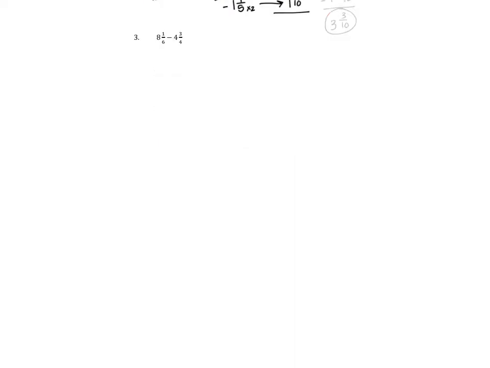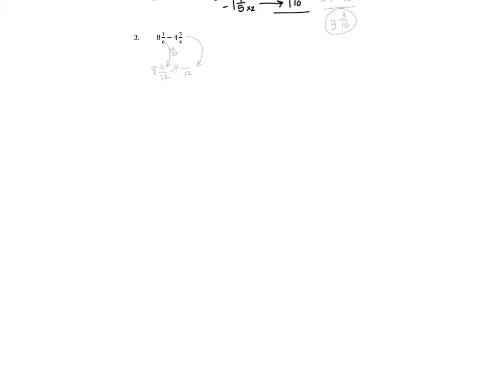In our final problem, we've got 8 and 1/6 minus 4 and 3/4. So here I need to get common denominators for both of my fractions, and I'm going to use twelfths. I'm going to leave the 8 and the 4 alone, and for this fraction I need to multiply the 6 by 2 to move it to 12, so I need to do the same thing to the numerator and the denominator.